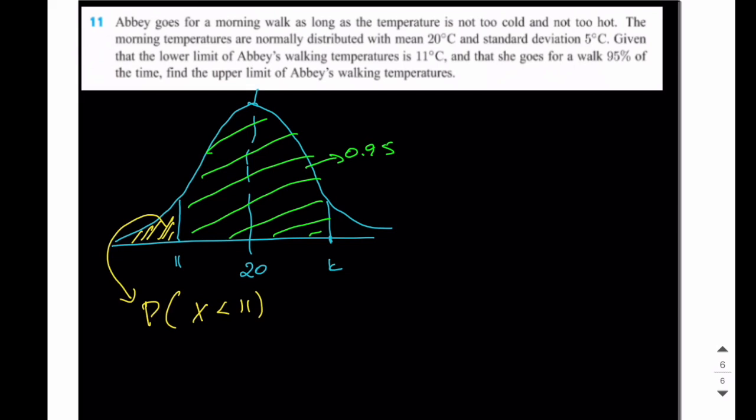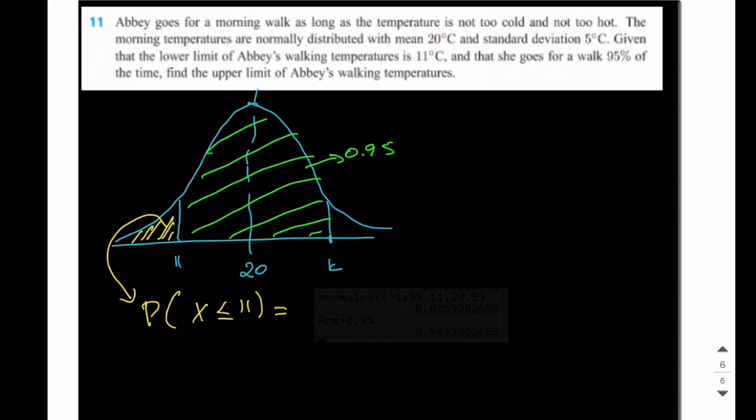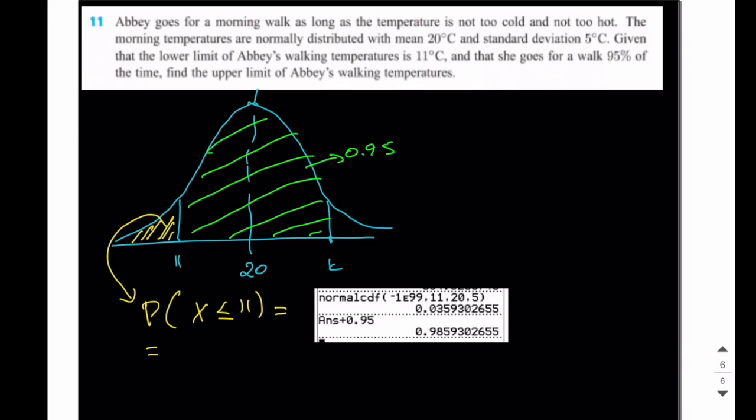So this is probability of x less or equal than 11 equals, so I need to use a calculator to do a normal CDF with lower limit negative 99999 up to 11. So that answer was 0.03593, etc. And I'm adding the 0.95 to it, so I'm adding these two numbers and I get this.